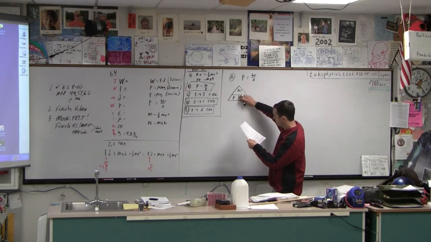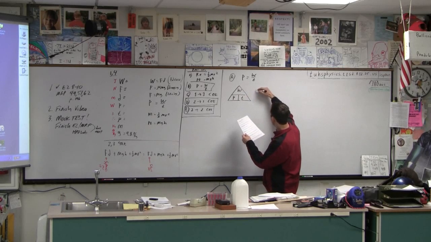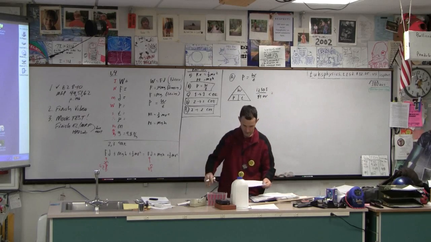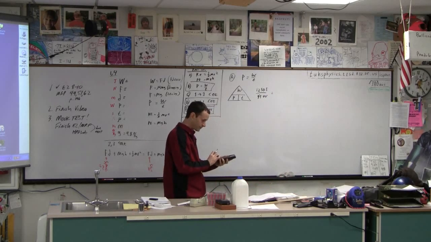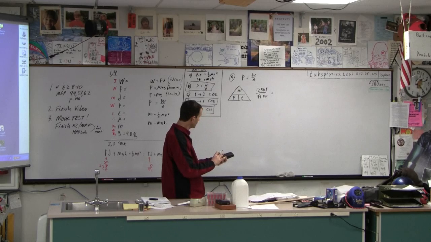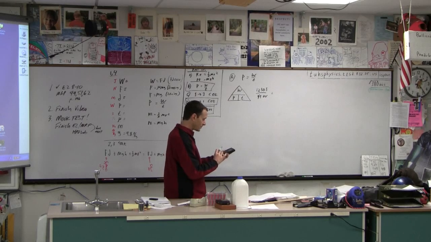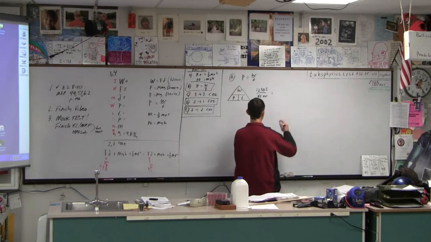It's just energy, really. So that's going to be work divided by power. So A part 1 is going to be 1,250 joules divided by 34 watts. And that's 36.76 seconds.